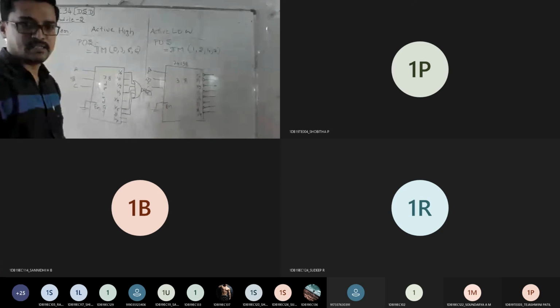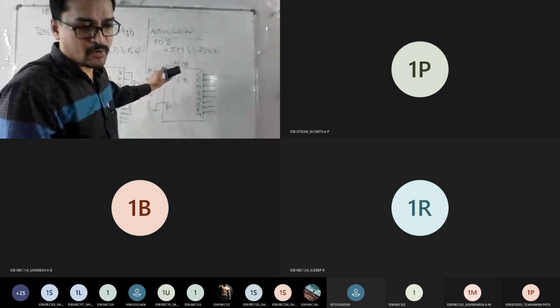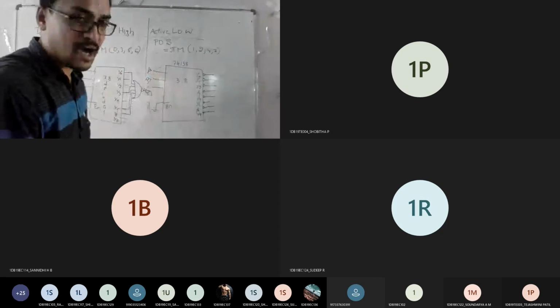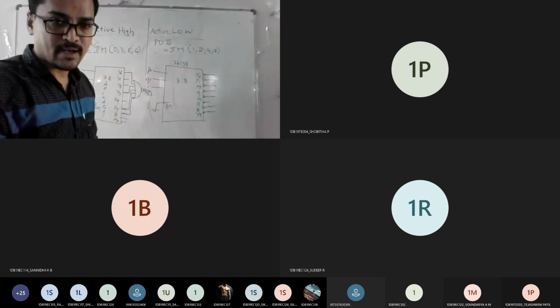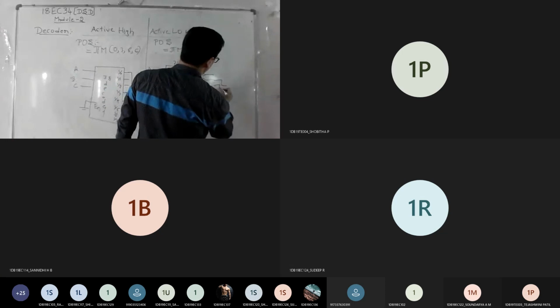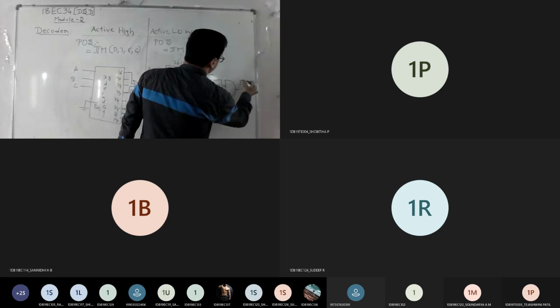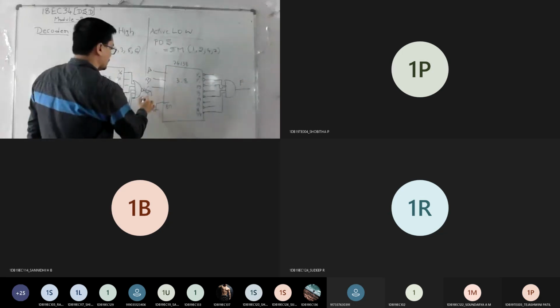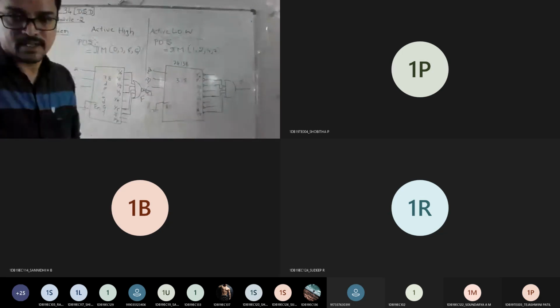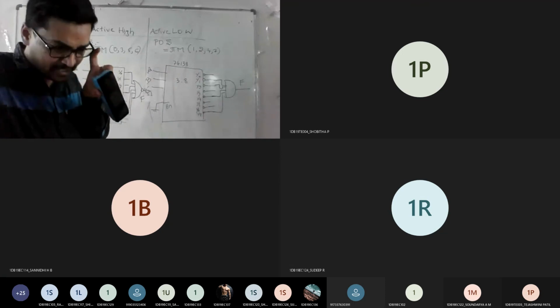Is it fine, everyone? Similarly, if it is active low POS form, you should go with an AND gate. So the combinations are 1, 2, 4, and 7, and this should be given to an AND gate. So this is the difference between your SOP and POS implementation using your 3:8 decoder. Am I clear to everyone?